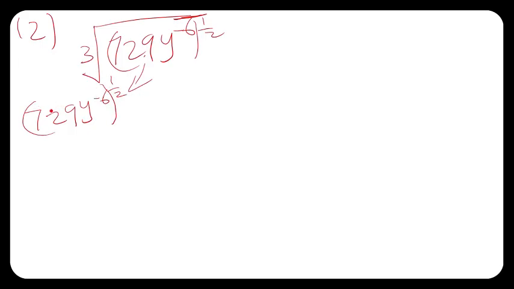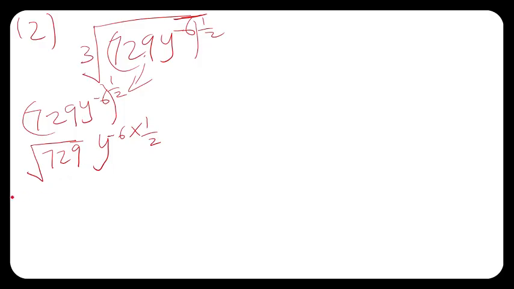We all know that anything raised to power 1 over 2 is a square root. So this is the same thing as having the square root of 729 y raised to power minus 6. You can simply do this as y raised to power minus 6 times 1 over 2.